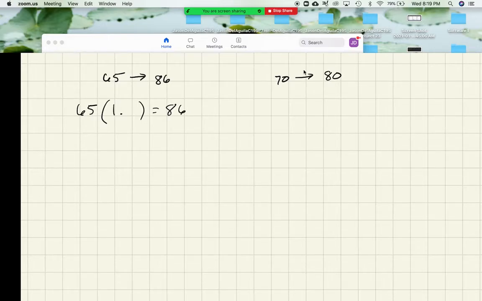I'm just trying to figure it out. What if I do 86 minus 65? 21. So I'm going to do 21 divided by 65 equals 0.32. So 65 plus 0.32 equals.